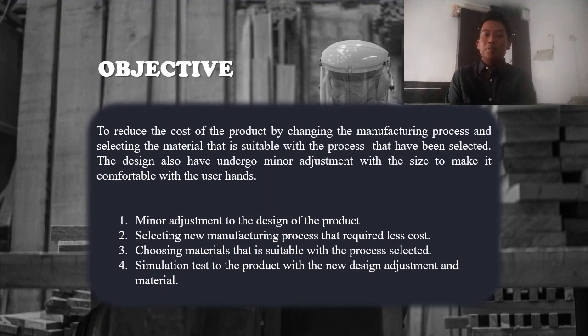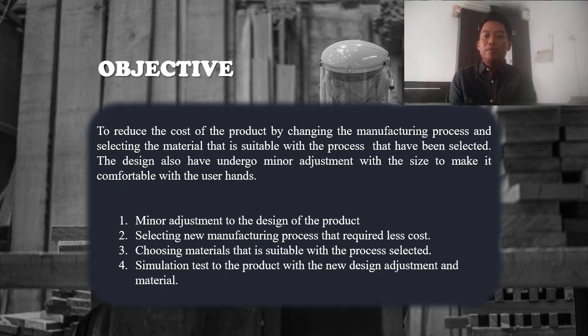For the product enhancement, based on the survey that we have done, most of the respondents state that the cost is too high for them to buy it. So the main objective of our enhancement is to reduce the cost of the product. As stated by Syukriah earlier, the cost has been analyzed and it has been lowered.